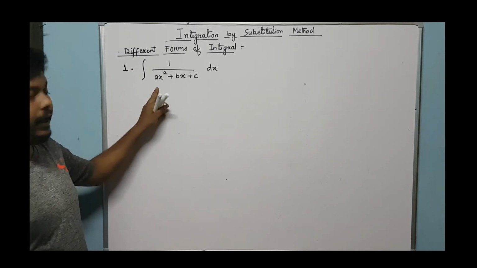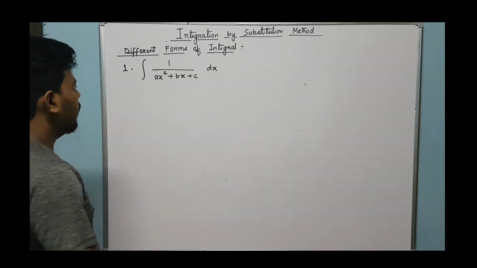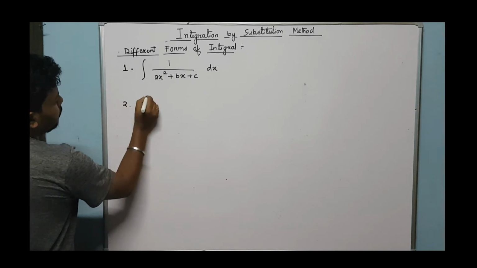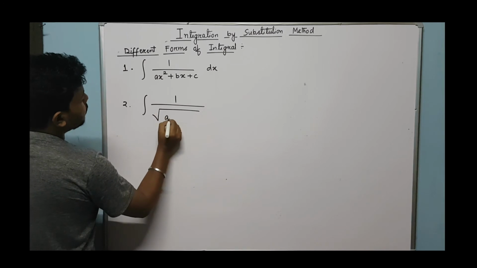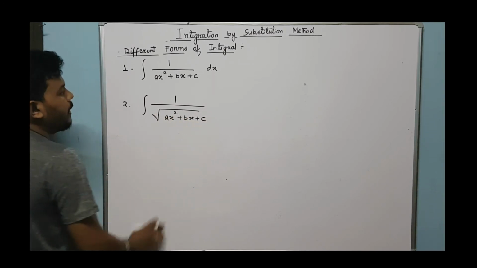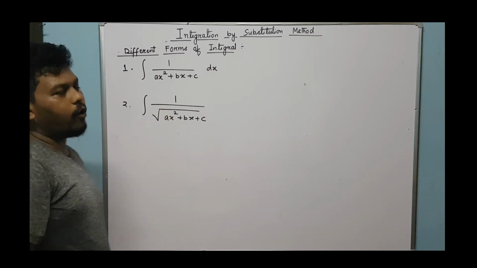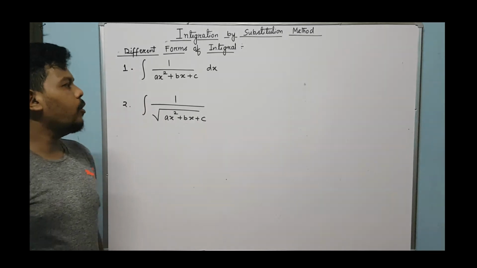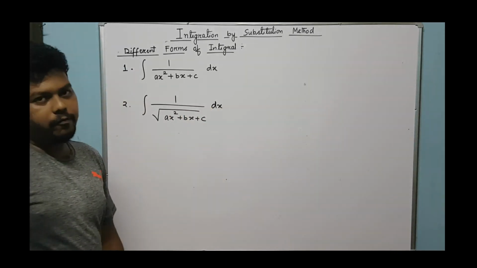The value of a can be positive or can be negative. Number 2. 1 by square root of a x square plus b x plus c. In both the cases, the value of a can be negative or positive. Here the main motto is to find a perfect square.